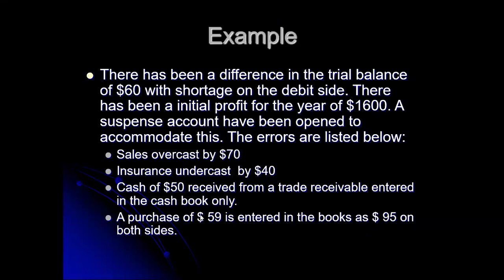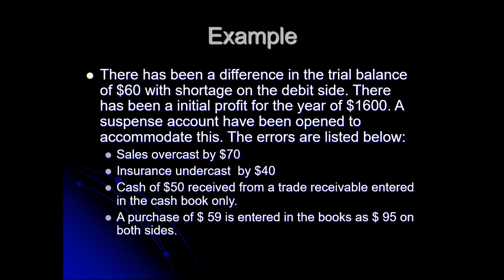Okay, lastly, a purchase of 59 is entered in the books as $95 on both sides. So this means the double entry was there, but the amount was recorded as 95 instead of 59. So this last error here does not require an entry into the suspense account. As long as double entry was there, we do not require any entry into suspense account.